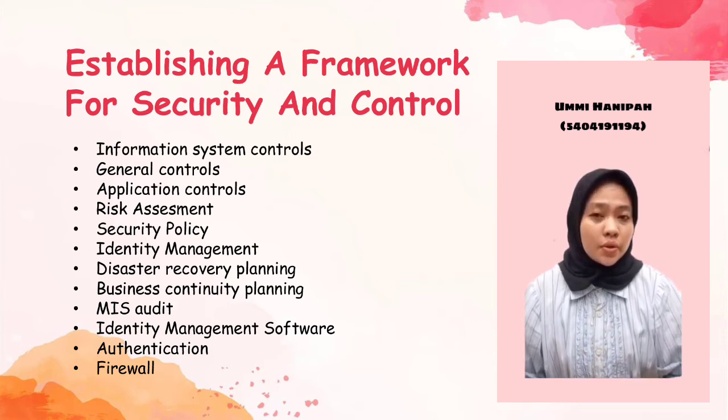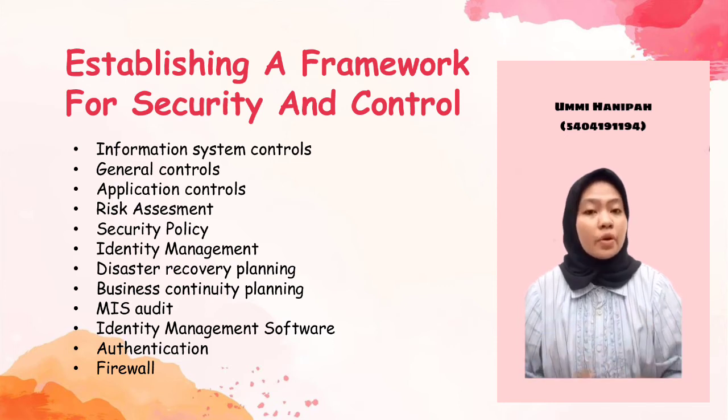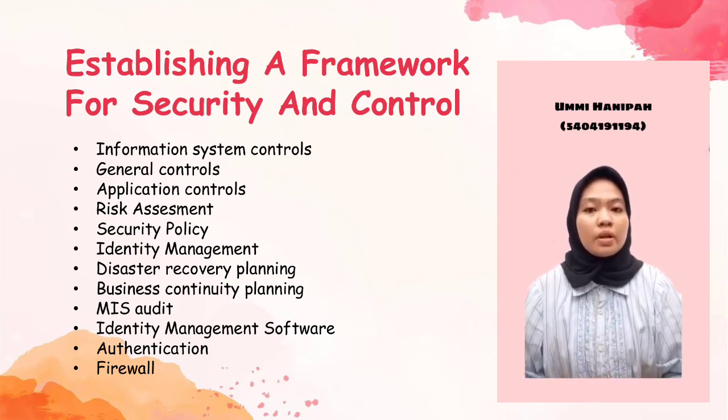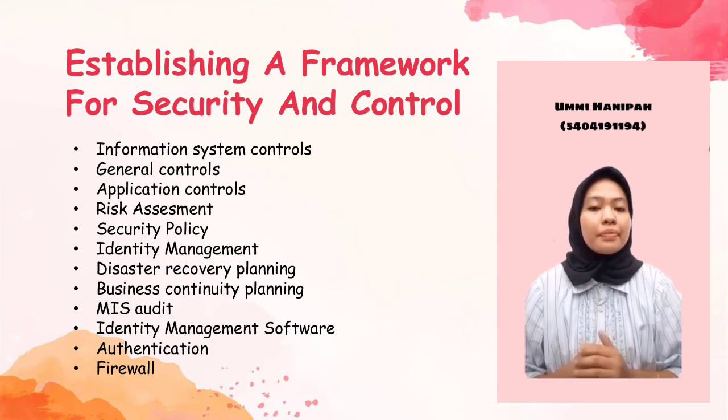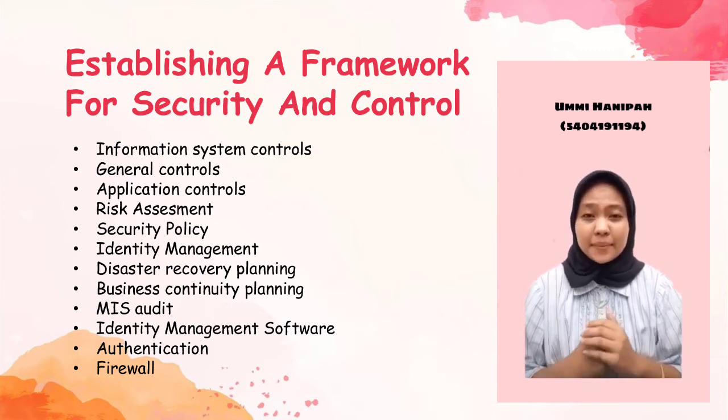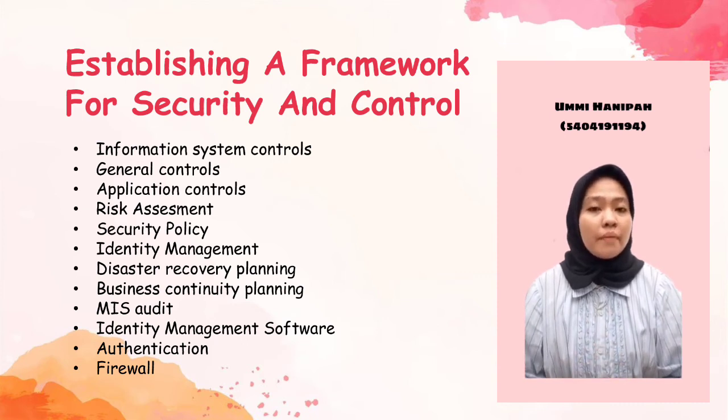There are several types of general controls: software controls, hardware controls, computer operations controls, data security controls, implementation controls, and administrative controls. Application controls are specific controls unique to each computerized application, such as payroll or order processing.